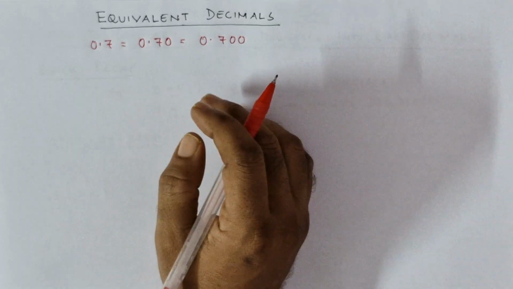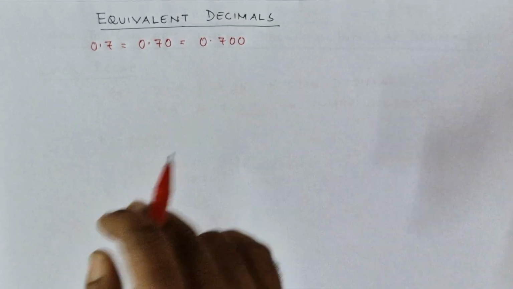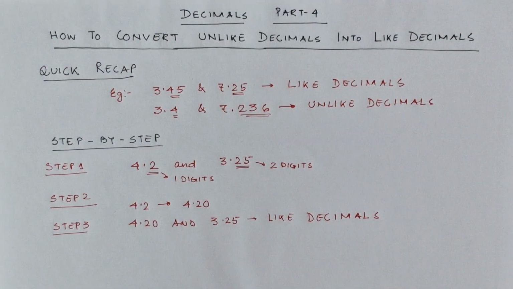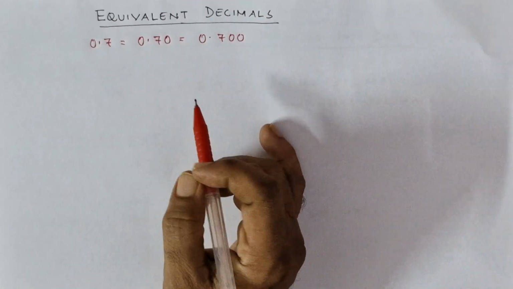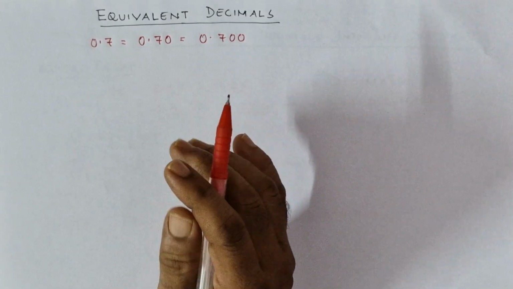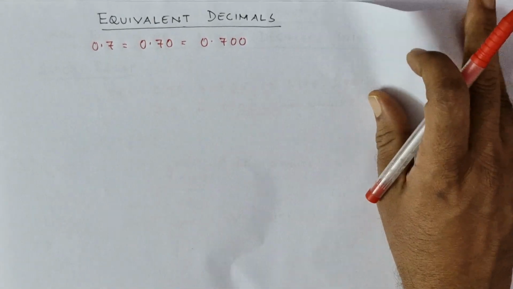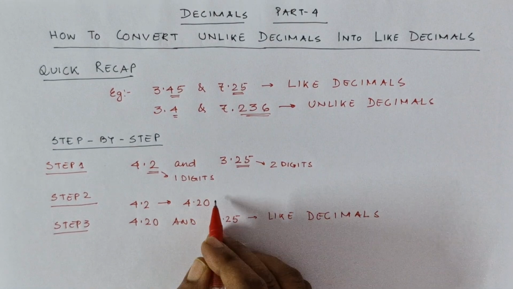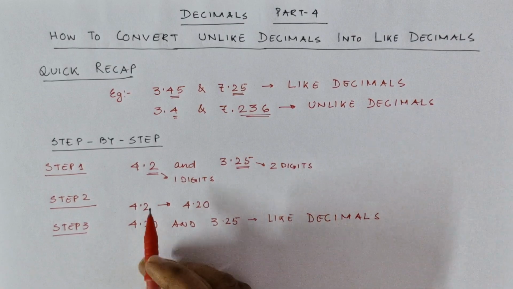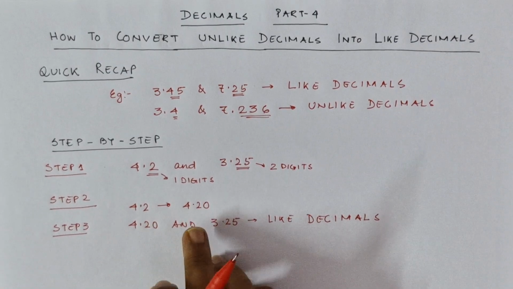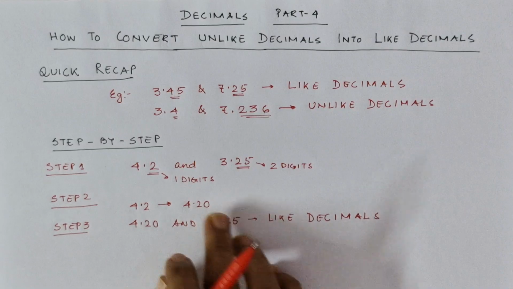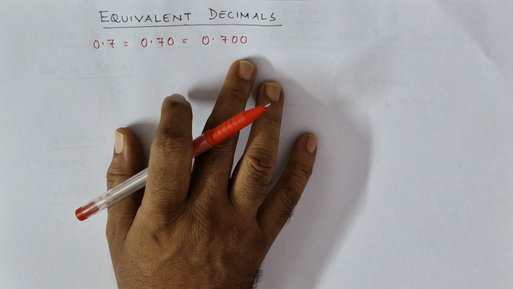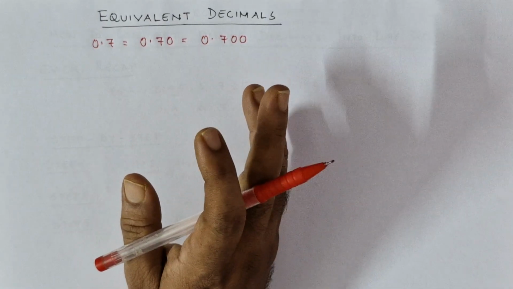When we make decimals like decimals, we are also writing their equivalent forms, isn't it? For example, we converted 4.2 to 4.20 by adding 0. We are converting this into this. So these are equivalent decimals, and we are just writing their equivalent forms.